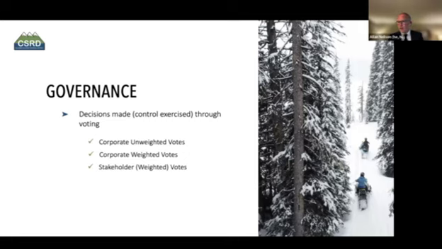Stakeholder weighted votes, or stakeholder votes, are all weighted. Stakeholder votes are taken to administer a service, to make decisions for a service that is sub-regional in nature. So when we have a service that doesn't include every jurisdiction from the regional district, we use a stakeholder weighted vote for most of our issues and decisions.